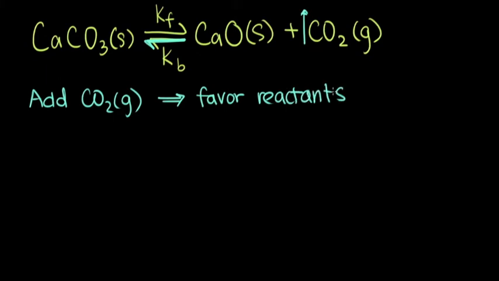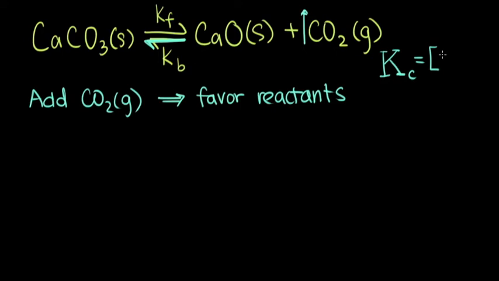Another way we can see this is by looking at the equilibrium constant for this reaction. We can write our equilibrium constant, capital K, in two ways. We can write it in terms of the molar concentration.